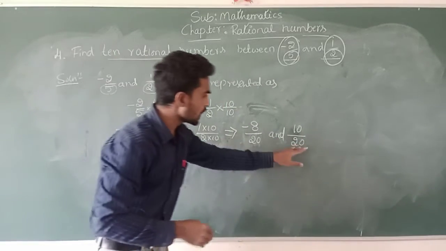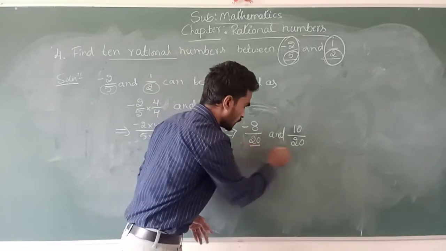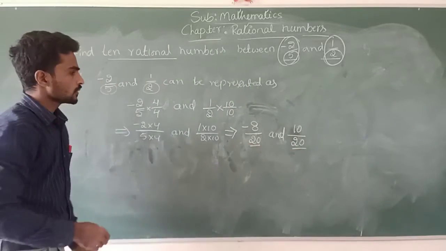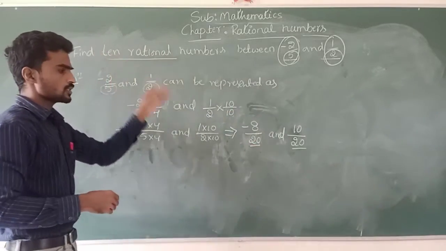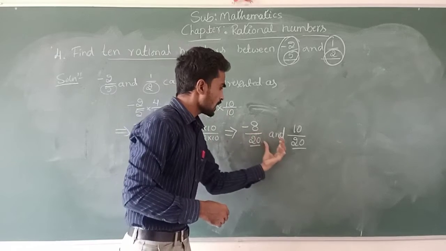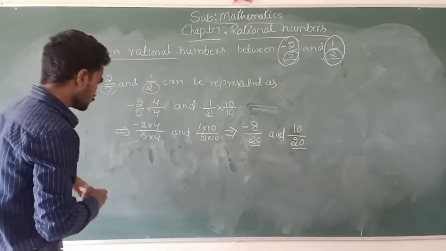Now both rational numbers have the same denominator. Here also 20, here also 20. Now you can easily write rational numbers in between these two rational numbers.